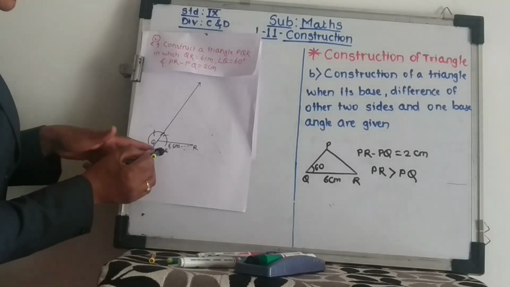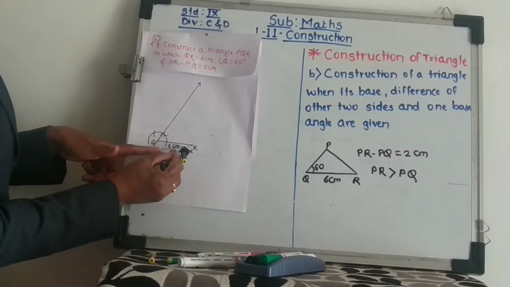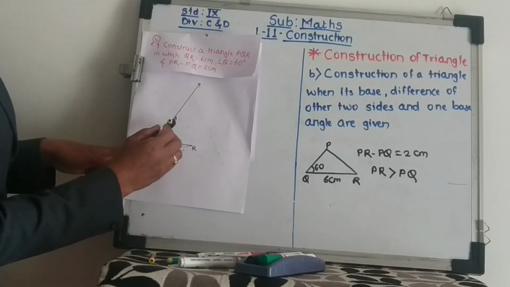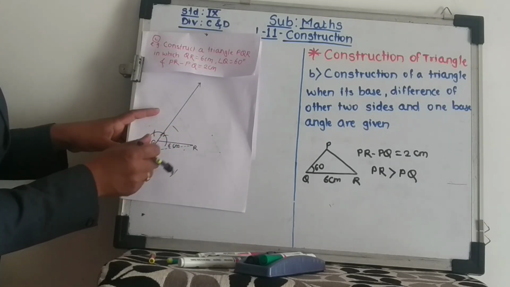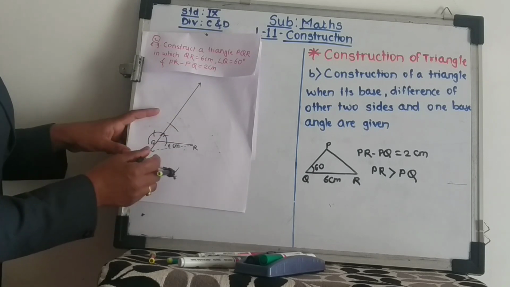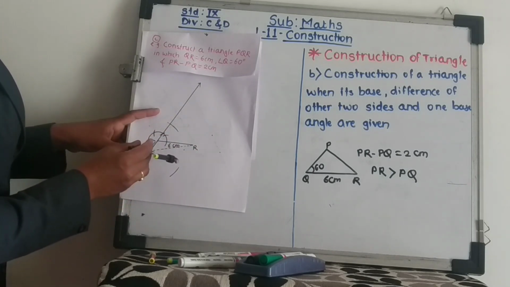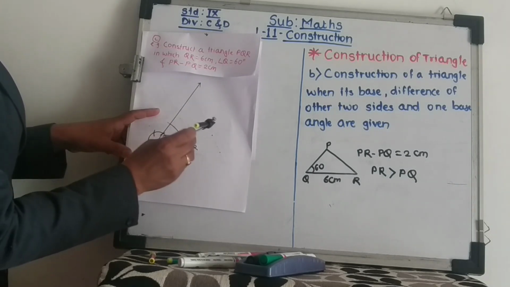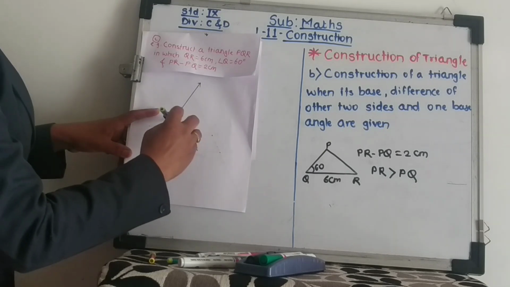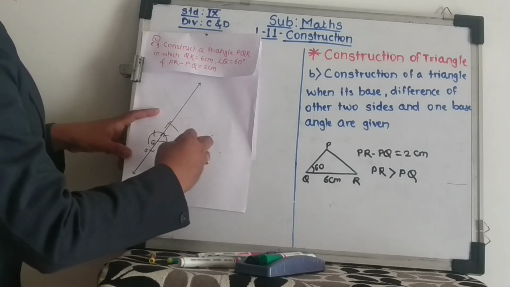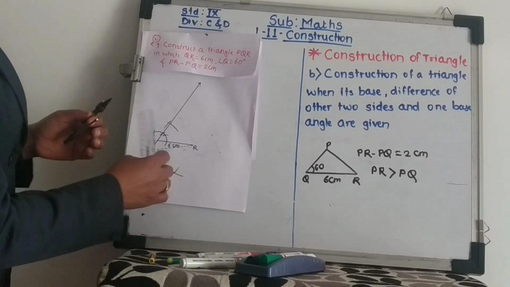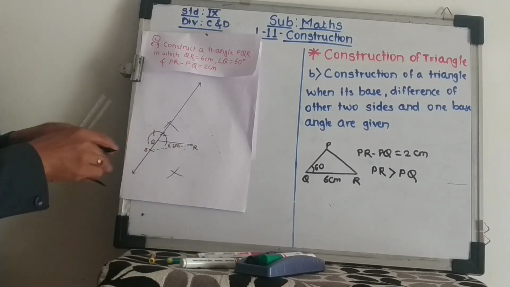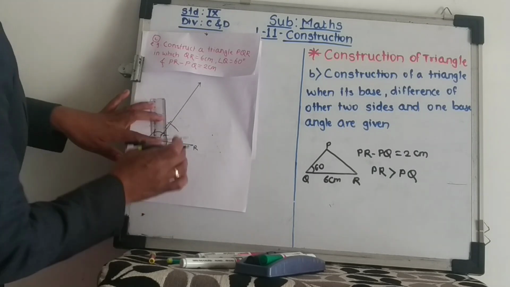Now on S we will keep the compass, take up to R or less than R, and draw two arcs, one on the upper side and one on the downward side. With the same distance we put it on R and draw another arc which will intersect the previous arc.